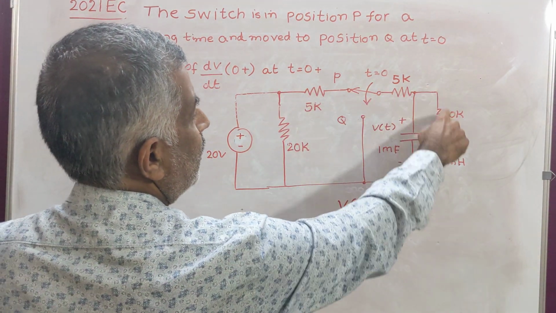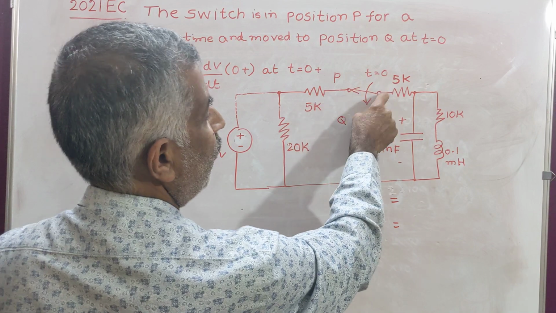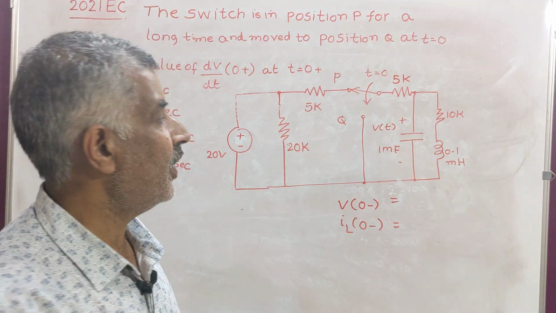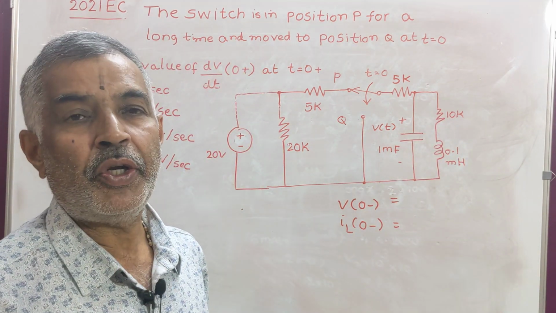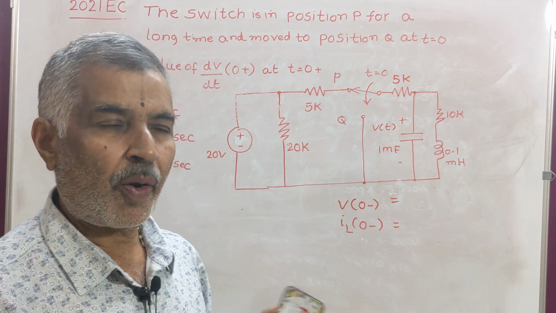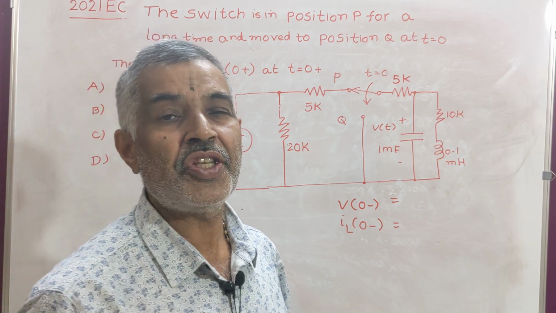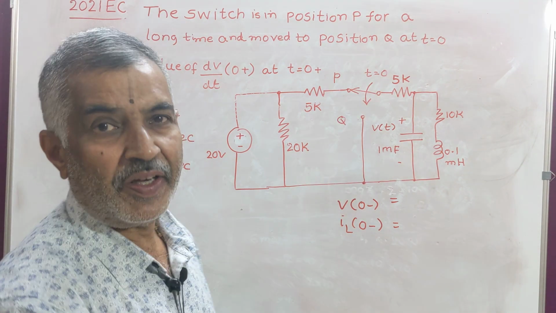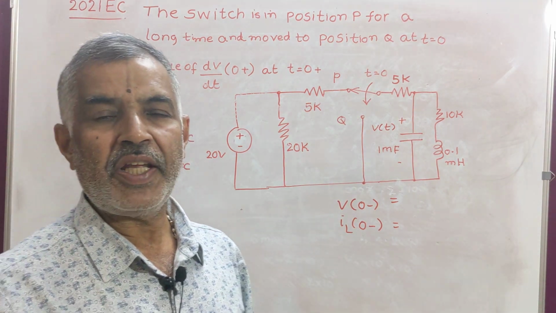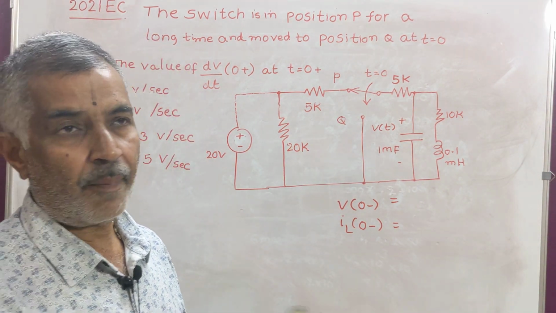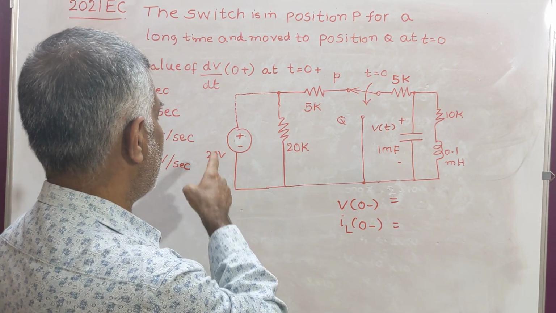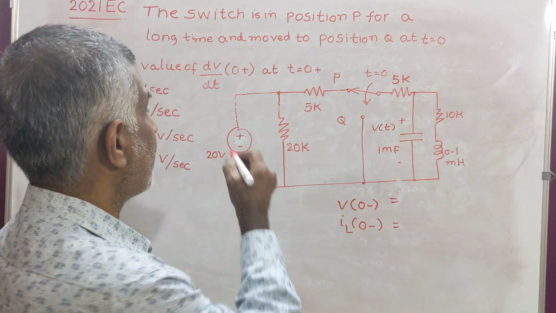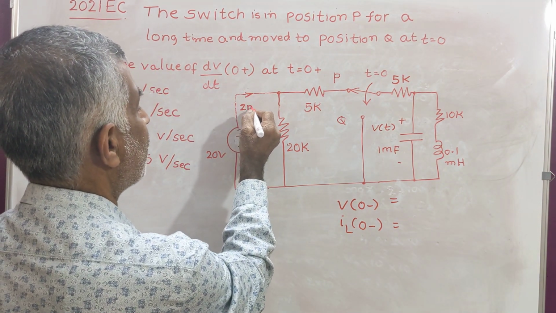Now in this branch, the total resistance is 5 plus 5 plus 10, that is 20. And the inductor is not going to decide the current, because the inductor is the property that opposes change in current. Now 20k in parallel with 20k means 10k. 20 volts divided by 10k, that is 2 milliamps. Therefore the current here is 2 milliamps.